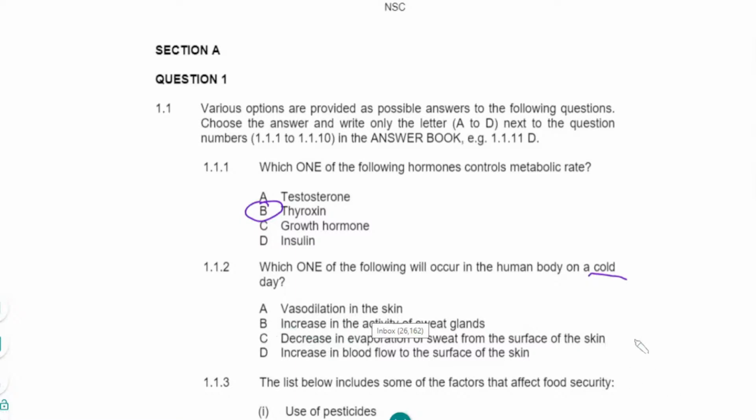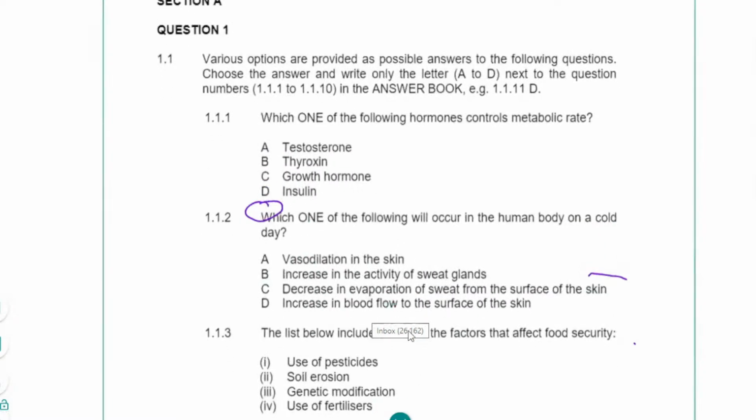Increase in the activity of sweat gland. Do you sweat during cold? No. So that is also ruled out. Decrease in the evaporation of sweat from the surface of the skin. If there is decrease in evaporation, it means that your body does not lose too much heat.